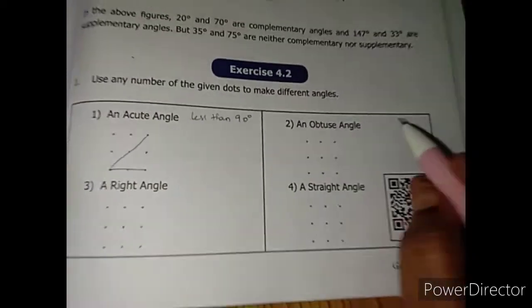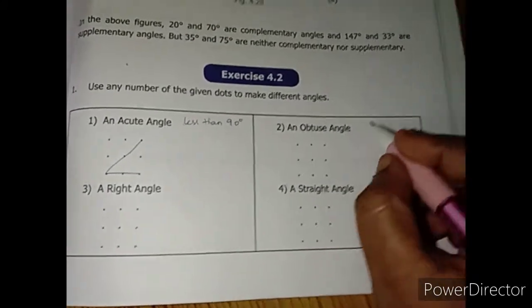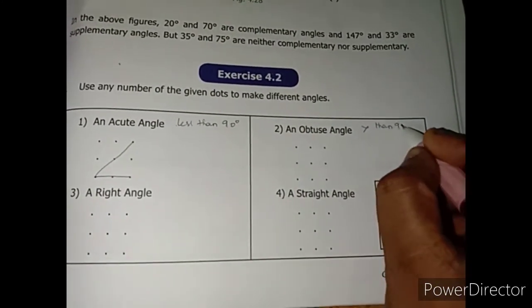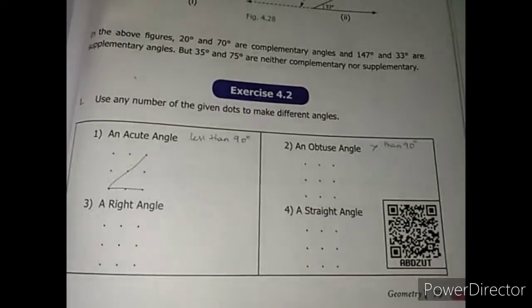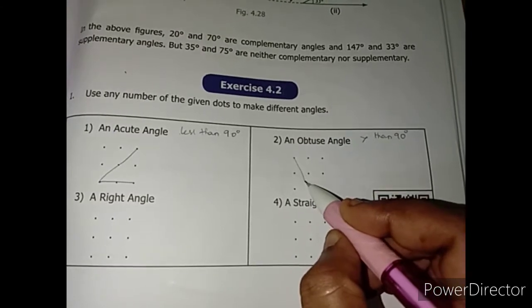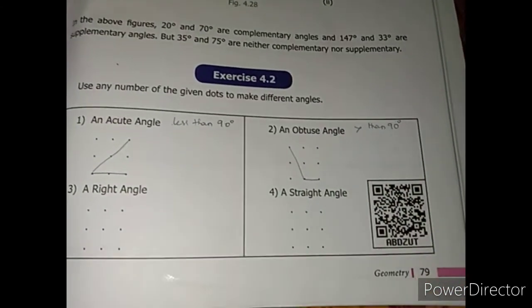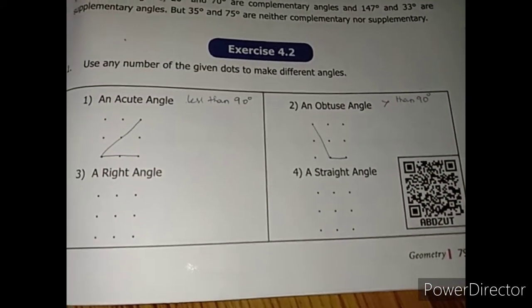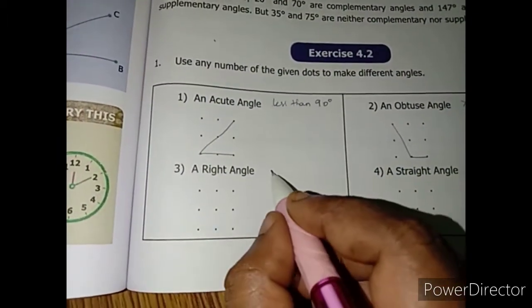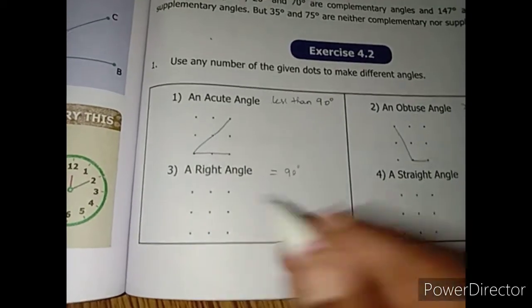Next is obtuse angle. What is an obtuse angle? It is more than 90 degrees. So literally opposite to this, from here to here. So this is an obtuse angle. Next is a right angle. A right angle is equal to 90 degrees.